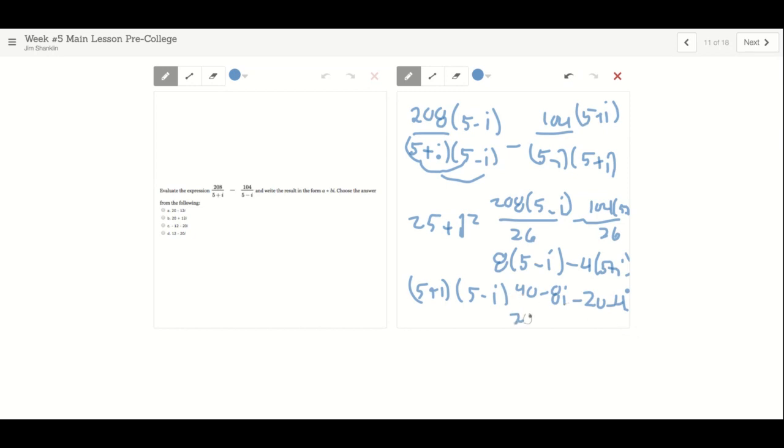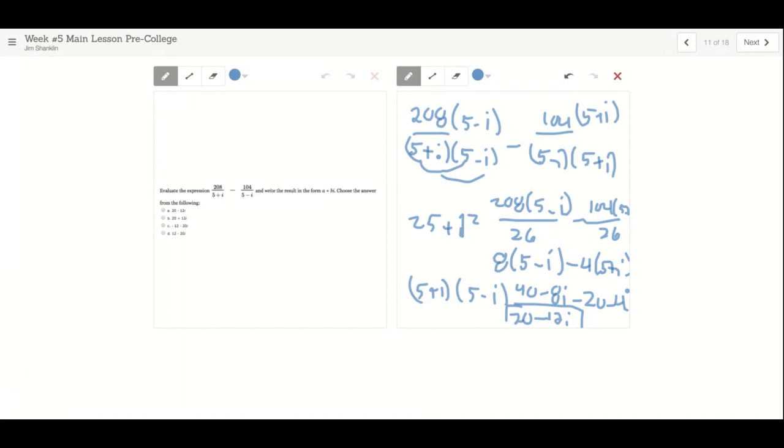So that's going to be 20 minus 12i. Whoa, there is an answer. Yay! That is quite a problem. As I said, I would consider those to be advanced problems. Anything with an i in the denominator, it's going to be something.